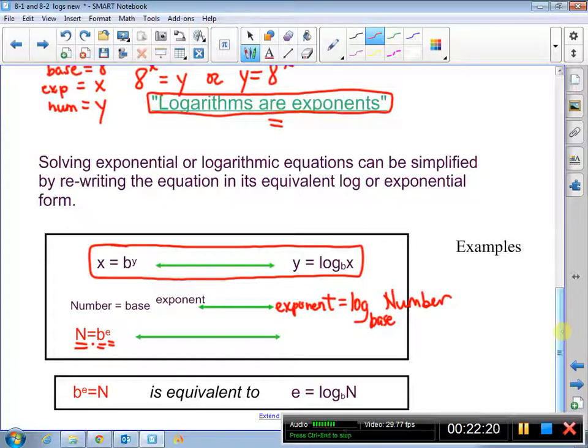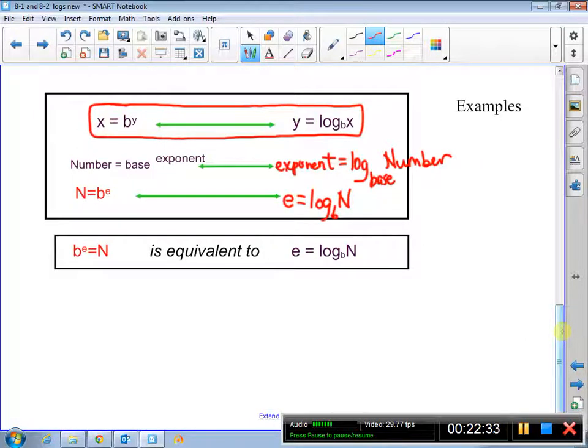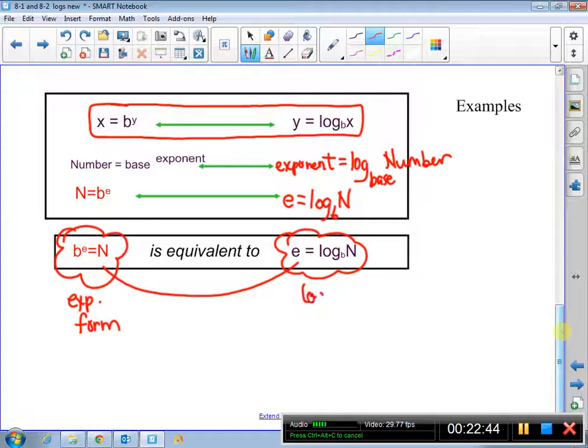So we shorten this with a little n for the number, a b for the base, and an e for the exponent. So you end up with the exponent equals log base b of n. And that's written down here below. You want to be very good at going from exponential form to logarithmic form. You're really just rewriting the problem to help you solve the problem.